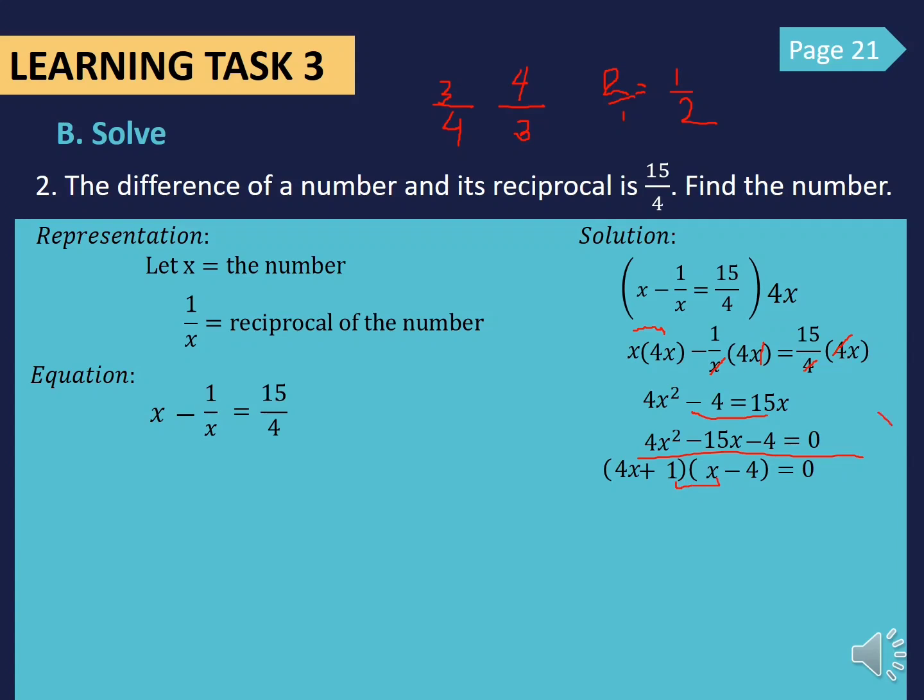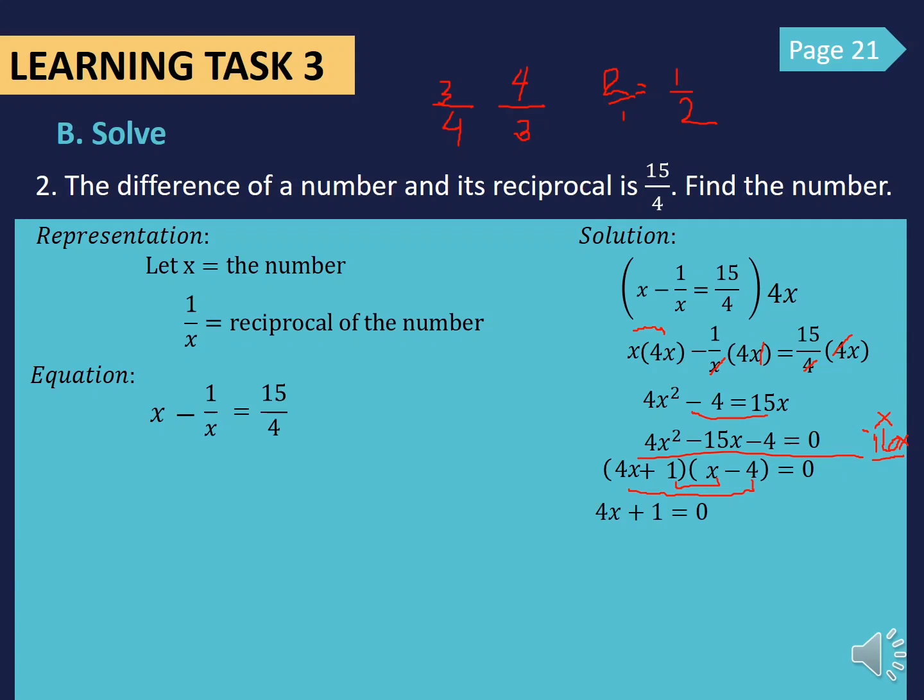This is x. And then, 4x times negative 4, we have negative 16x. Okay? So, when we add them, that will result to negative 15x. Okay, so our factored form is correct.